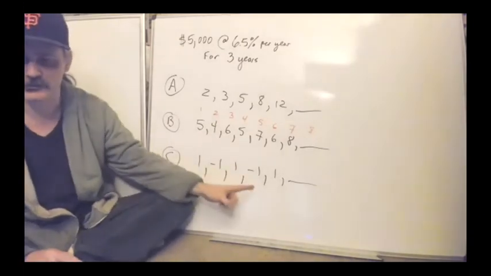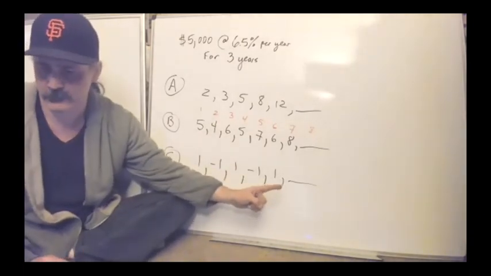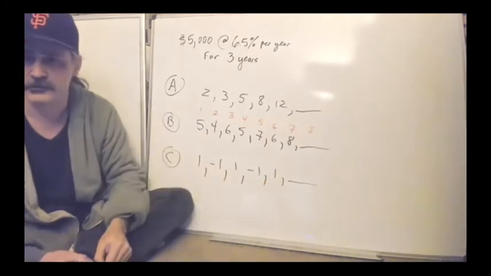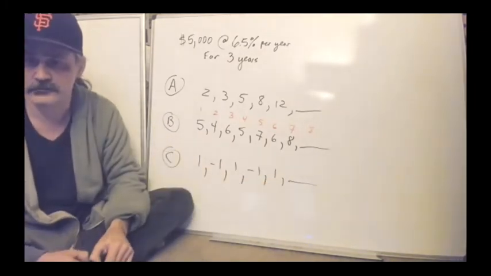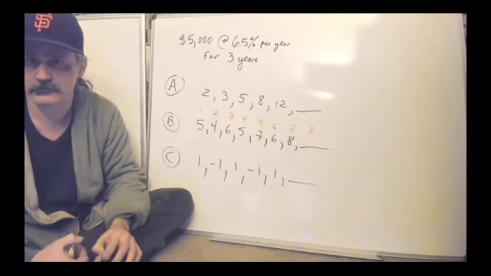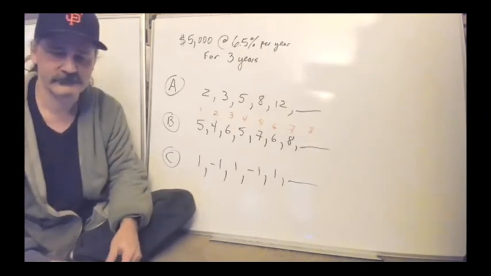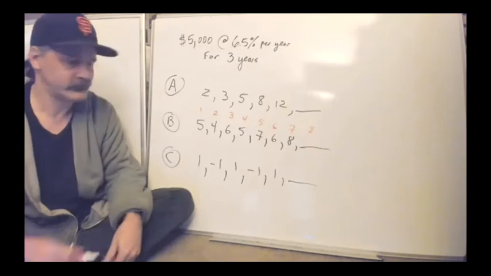Okay, then we got this last one. Or not the last one, but C. Anyone want to state what they think that next value is for C? Any volunteers? -1. Okay, why do you think it's -1? Because it goes 1, -1, 1, -1, 1, -1. Right.